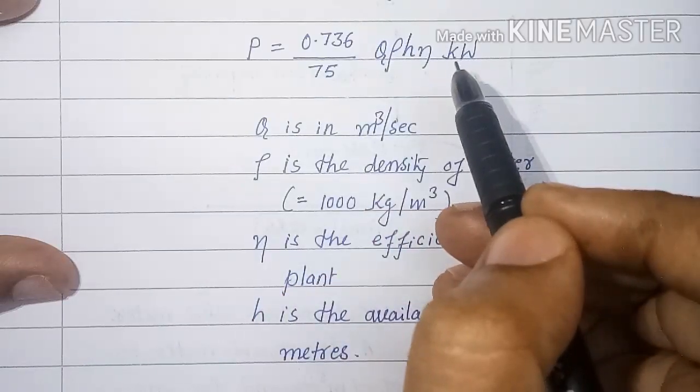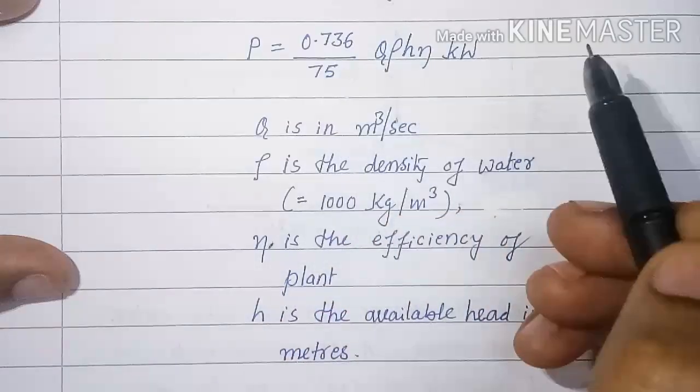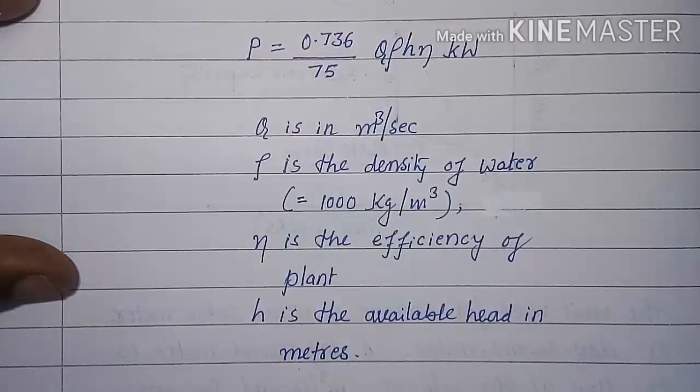Flow duration curve is also called as load duration curve. Now we will take up classification of hydroelectric plants.